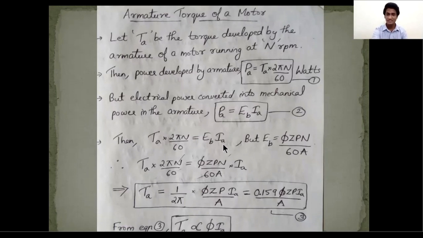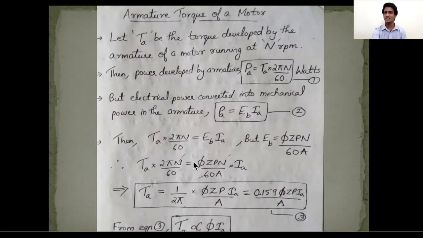But we know that from the EMF equation, back EMF EB is equal to phi ZPN by 60A. So TA into 2 pi N by 60 equals phi ZPN by 60A into IA.